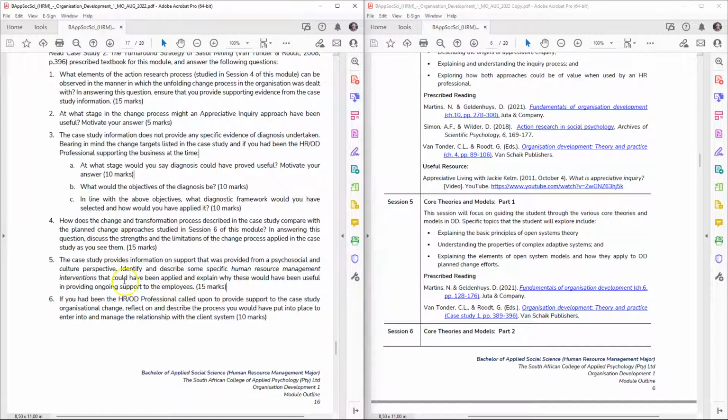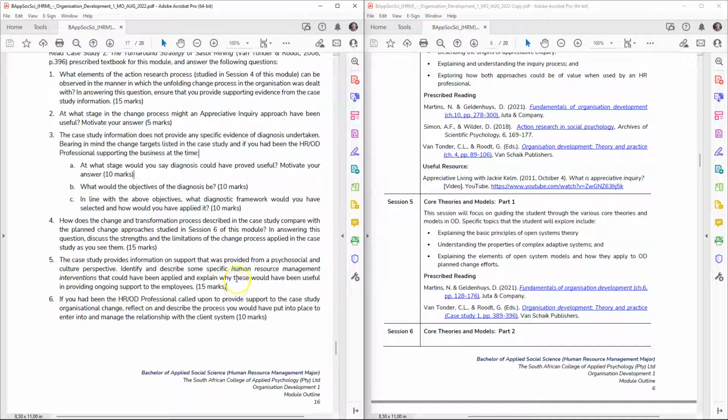Okay, so it also says identify and describe some specific interventions. So you have only so many words to work with, so 2, maybe 3, and then describe them, motivate them very well, explain why they would have been useful.